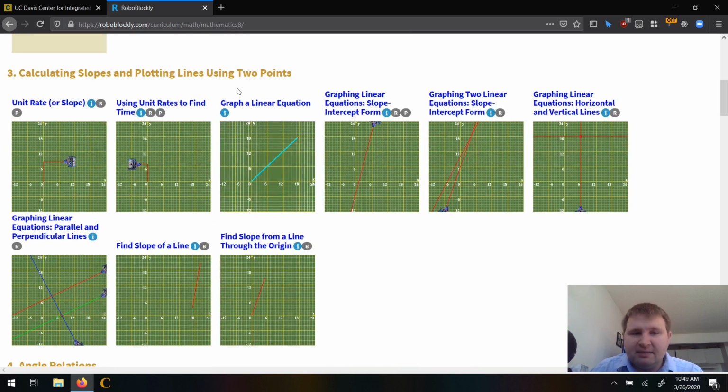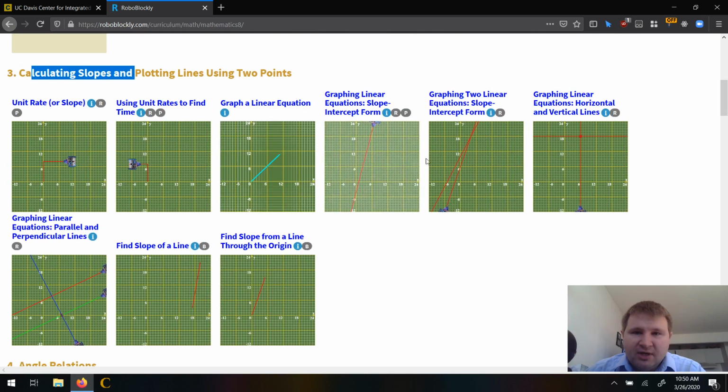modeling multi-step algebraic equations, or starting to work through calculating slopes and plotting lines between 2 points, and getting into much more advanced usage of XY coordinates, and really understanding why we use a coordinate system and what a coordinate system represents in the real physical world, instead of just something that we write on paper.